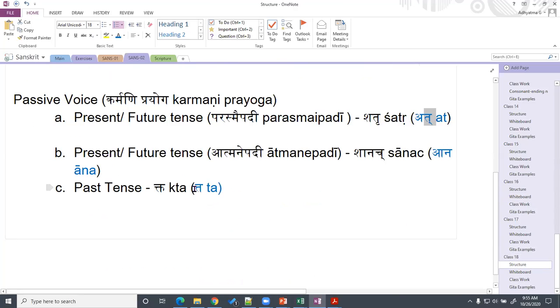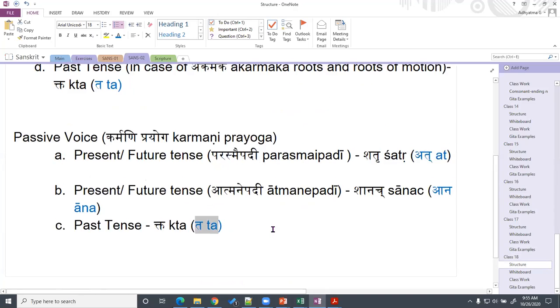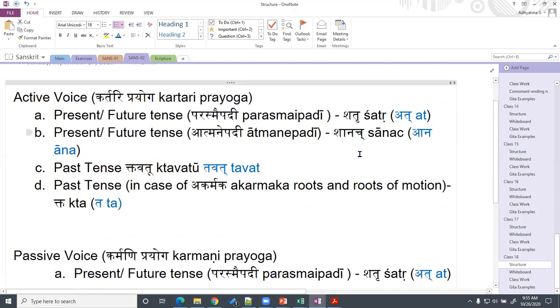And for the past tense we have Takara. So there are only four suffixes if you look at: Ata, Ana, Tavat and Ta. For all the participles, whether past tense, future tense, present tense, active voice, passive voice, these are the only suffixes.